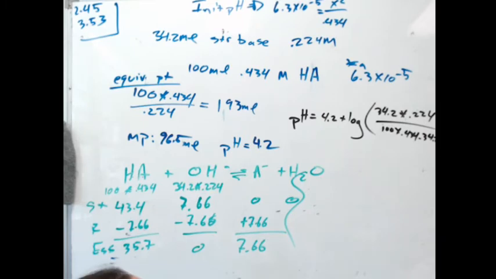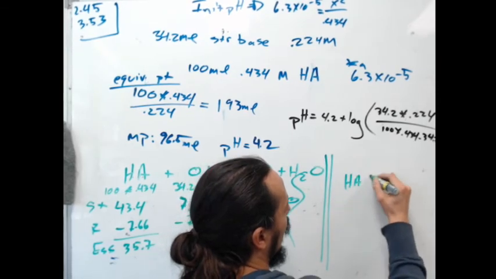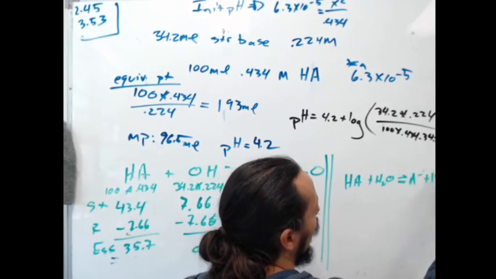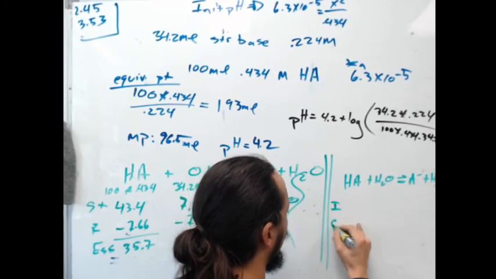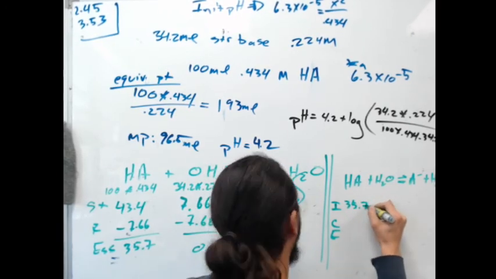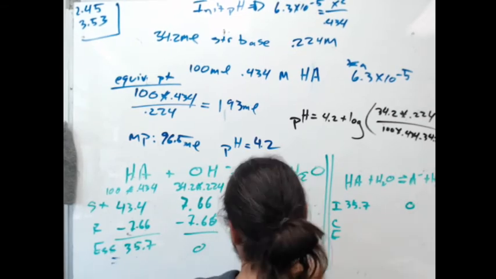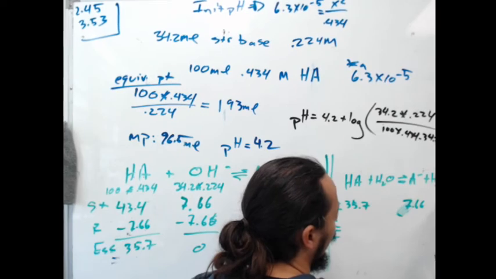If we kept going with this, then I would set up my equilibrium of HA plus H2O goes to A minus plus H3O plus. I would set up my ice table. I would have 35.7, don't care, 0, oops, sorry, not 0, 7.66 and 0.